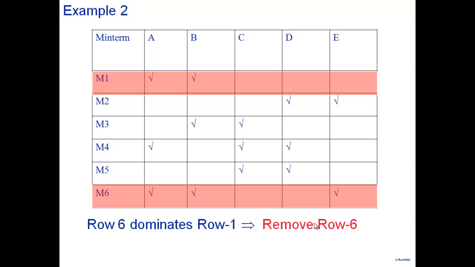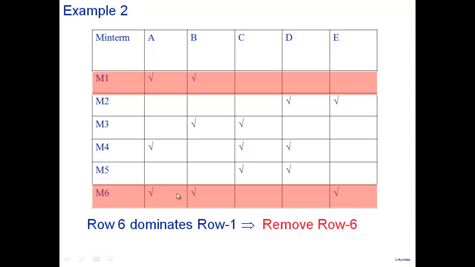Now what is the idea? The idea is that if you look at row 1 and row 6, I will try to cover row 1 by using either A or B. And if I do that, A or B will also cover M6. But if I go the other way, I can cover my M6 by E, but then I will not be covering M1.